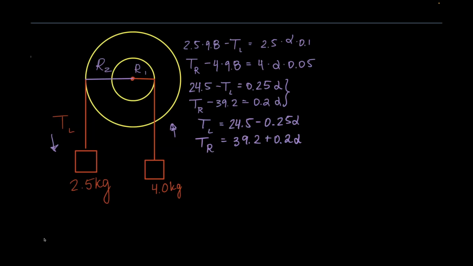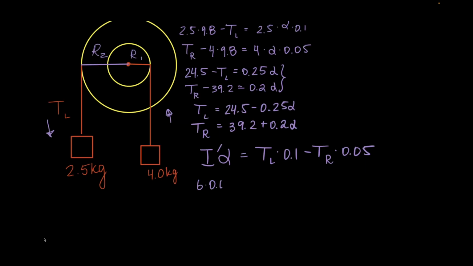Now let's use our Newton's second law for the system of pulleys. It should be the difference, and so again I assume tension on the left times 0.1 minus tension on the right times 0.05 should equal the moment of inertia times alpha. The moment of inertia is 6 times 0.05 squared over 2 plus 12 times 0.1 squared over 2, which is 0.0675 kilograms times meters squared.